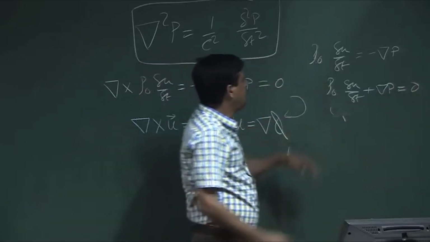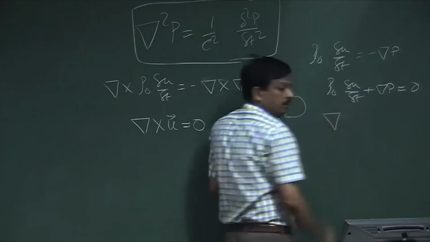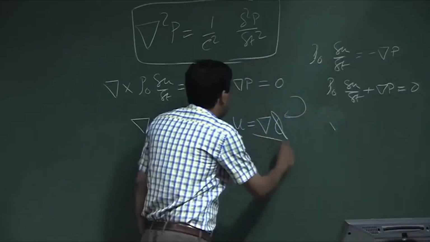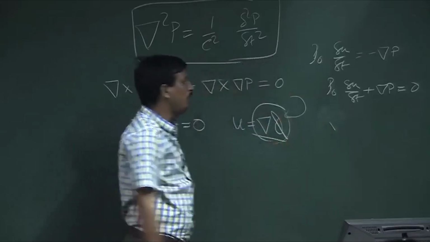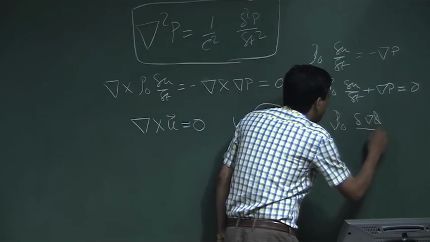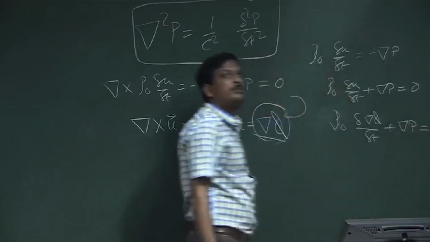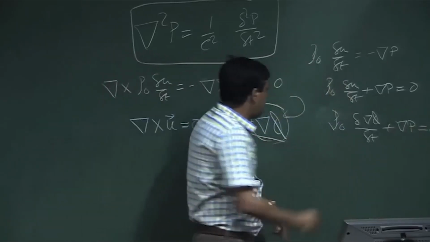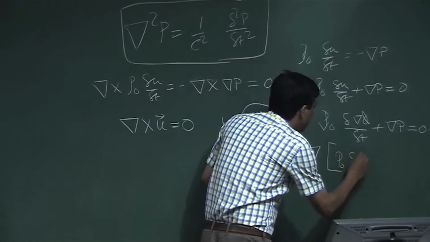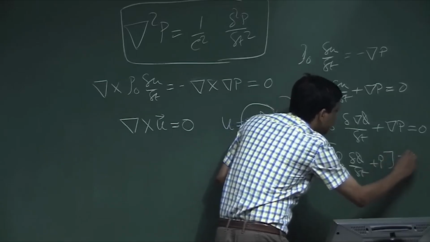Since u is nothing but the gradient of the velocity potential, I put rho 0 del gradient phi by del t plus gradient p is equal to 0. If I take the gradient out, it is rho 0 del phi by del t plus p.